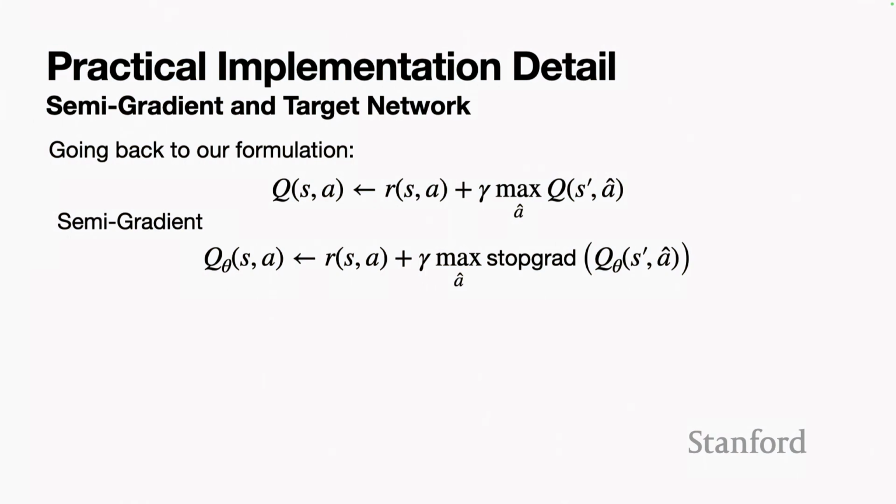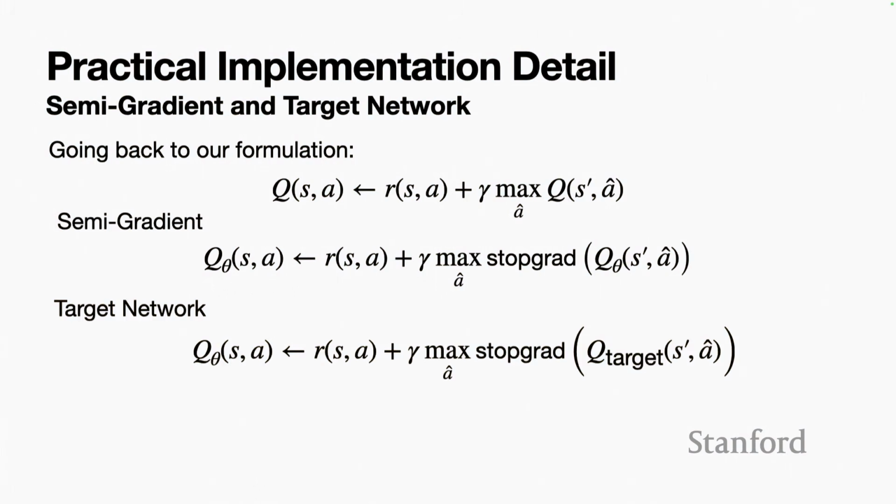And that's defined as this equation, the second equation that I defined here. Additionally, to further make things a little bit more stable, people add in this notion of a target network, which delays the updates of the right-hand side to allow your Q function to regress to a more stable target.